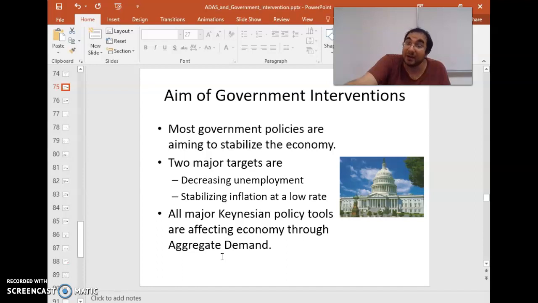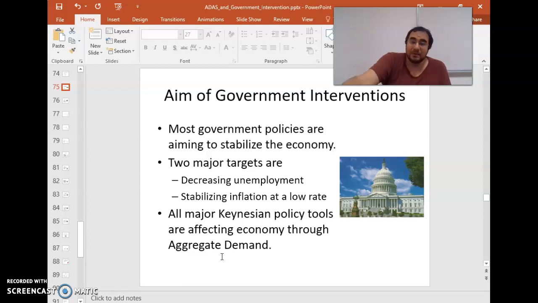It might be maybe 5 years, maybe 10 years. With government intervention, you might return to the equilibrium point faster, maybe in 1 year, maybe 2 years. So that's the reason why government intervention is justified.